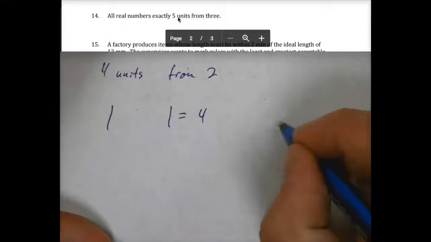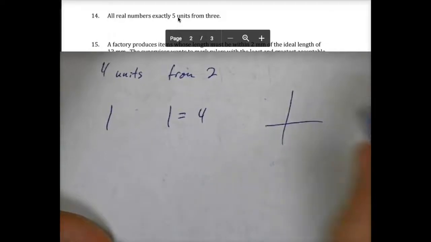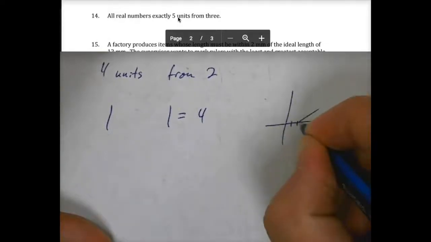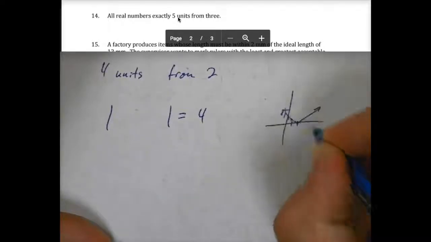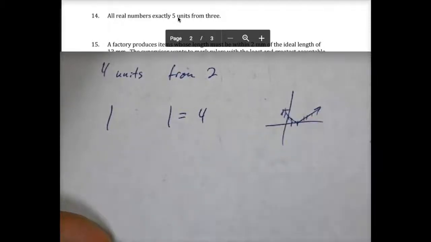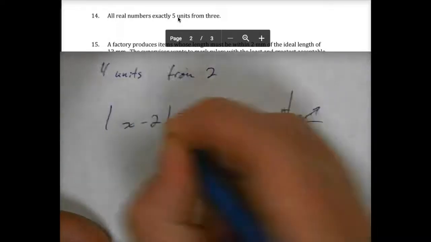So remember in our graphing, if I wanted something at 2, so 1, 2, right here, and I wanted it to be 1, 2, 3, 4 away from 2, in order to make it move to the right, we needed to say x minus 2.